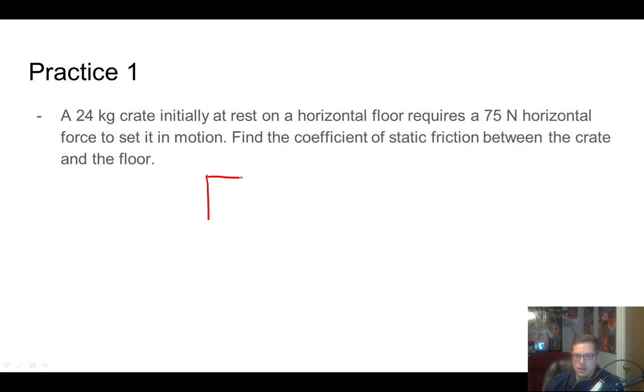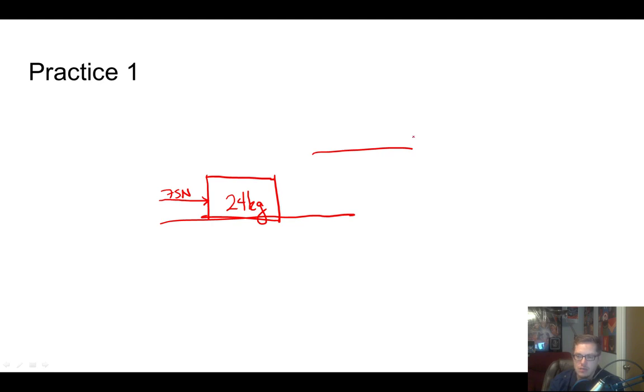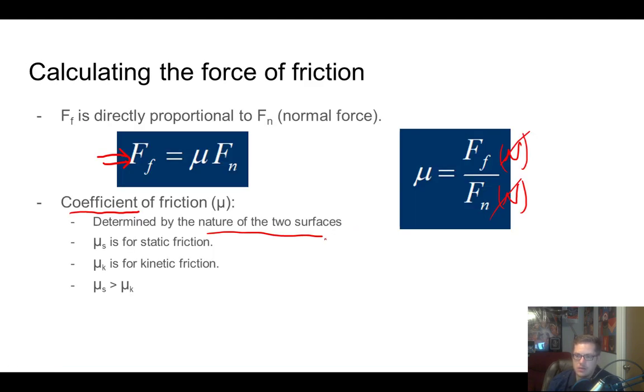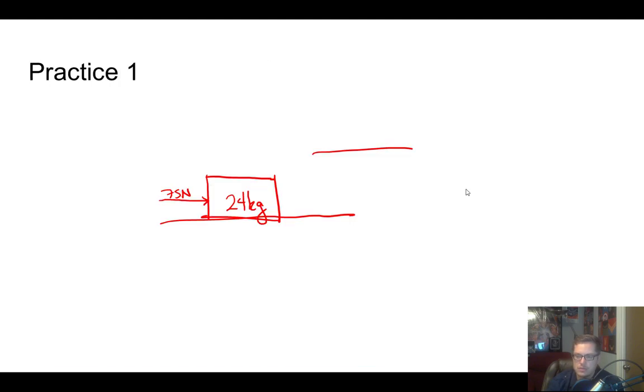We've got a crate sitting on a floor, and it's 24 kilograms, and it takes a 75 newton horizontal force to set it in motion. That's good, it's going straight across, and that's 75 newtons. We need to find out what the coefficient of static friction is. We know that mu is equal to the force of friction over the force of the normal.